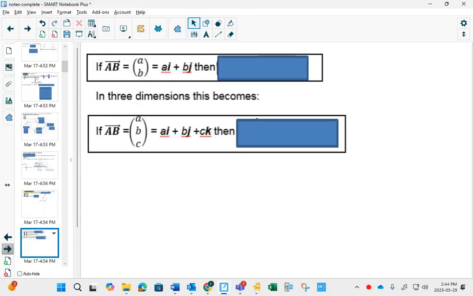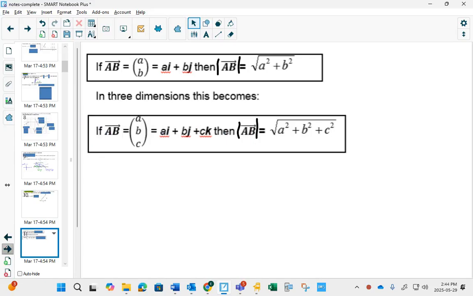But there's your length in 2 dimensions, and here's our length in 3 dimensions. And when we want to find a length, we use the same thing as absolute value bars, because absolute value bars are just in 1 dimension, how far a number is away from 0. And now we're finding lengths in 2 dimensions and in 3 dimensions.